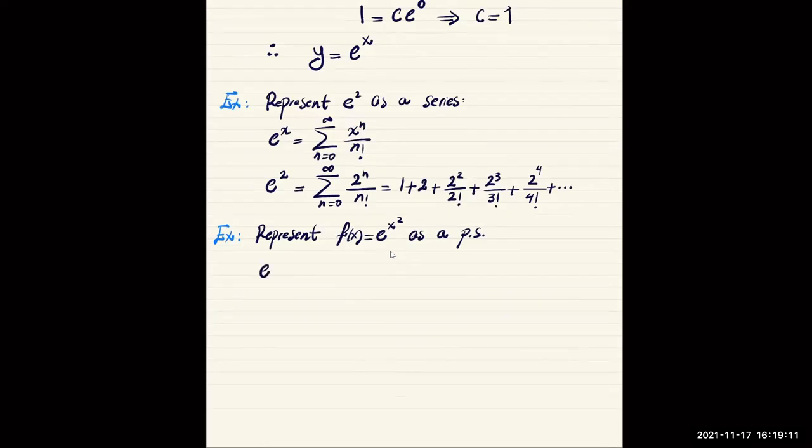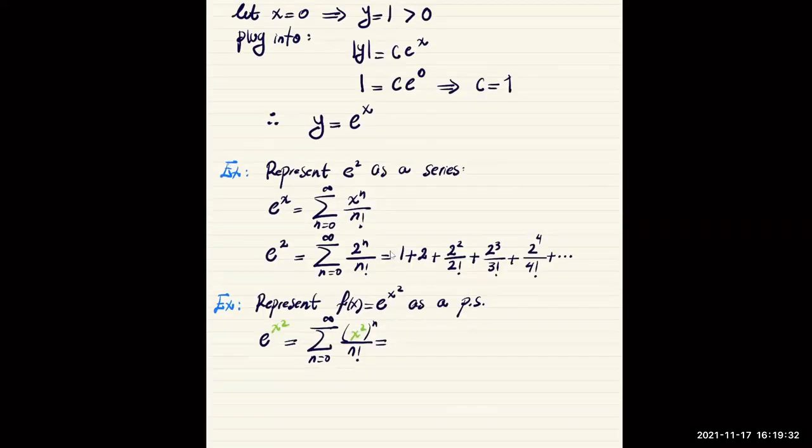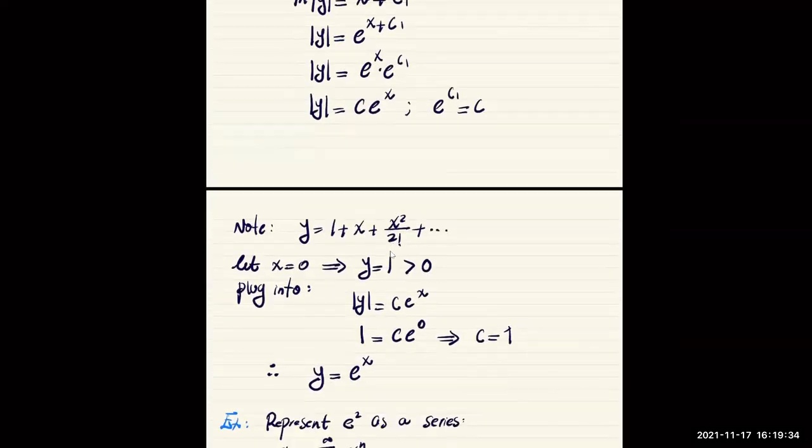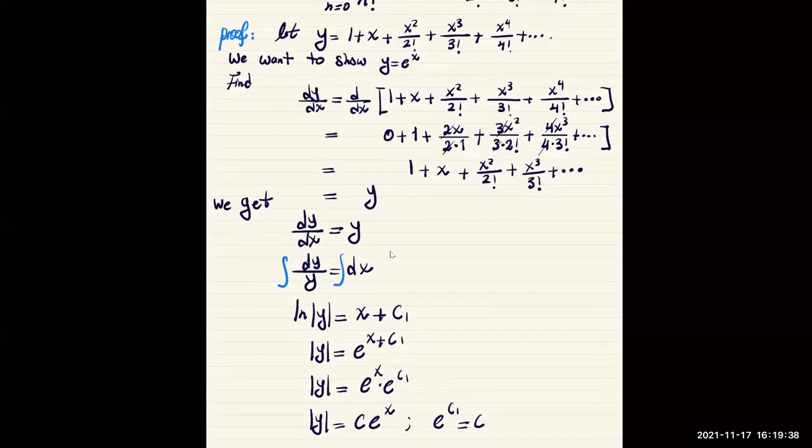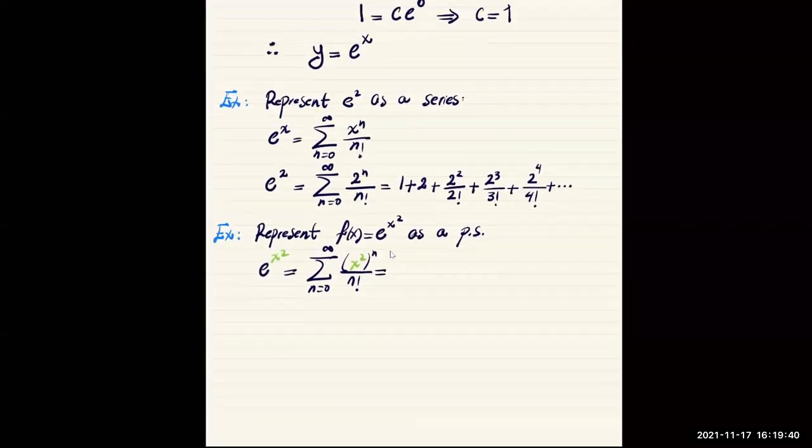E to the power of x squared is equal to the sum of x squared to the n over n factorial. If you expand that, let me actually simplify that a little bit.